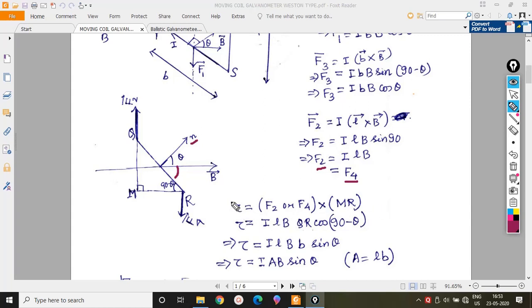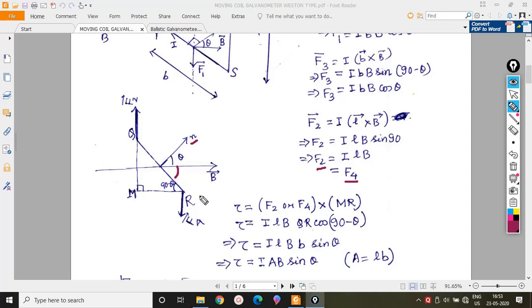Now what is torque acting here? These two forces F2 and F4 are acting at 2 points Q and R. Their magnitude is same, but they are not acting through the same line.